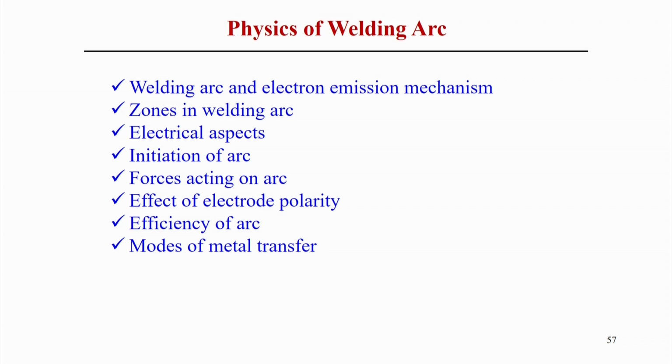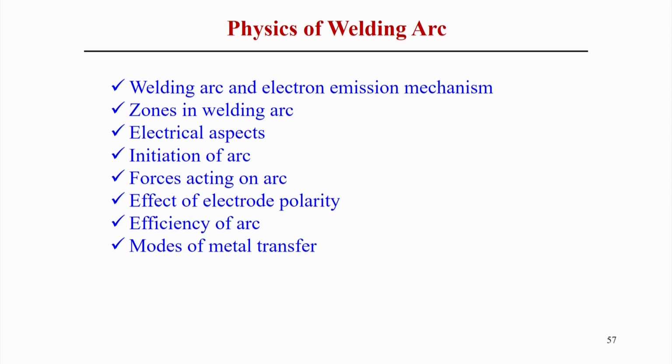Now, after adhesive bonding, we will come back to the physics of the welding arc. In the physics of the welding arc, we will try to focus on the basic welding arc and the electron emission techniques or mechanisms, the different zones in the welding arc, typical electrical aspects, initiation of the arc and force acting on the arc, effect of the electrical polarity, efficiency of the arc, and modes of metal transfer.